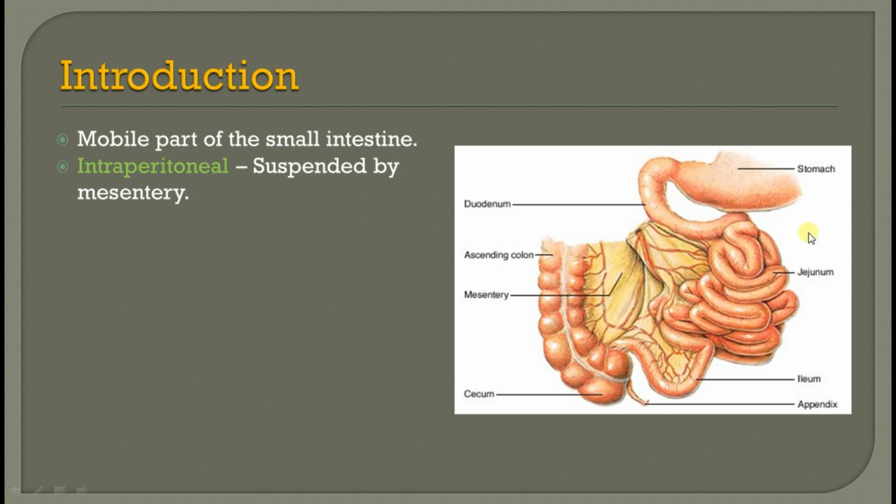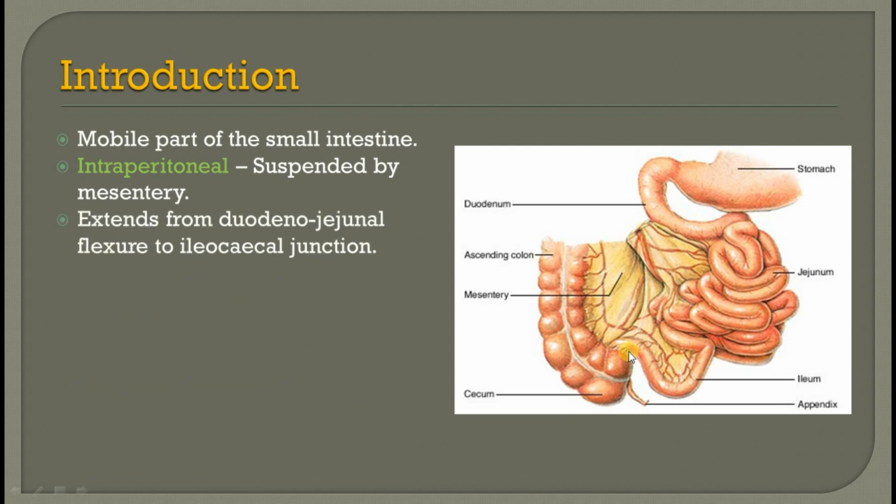The total length of the coils of the intestine is 6 meters or 20 feet, of which the proximal or upper 2/5 is the jejunum and the distal 3/5 is the ileum.